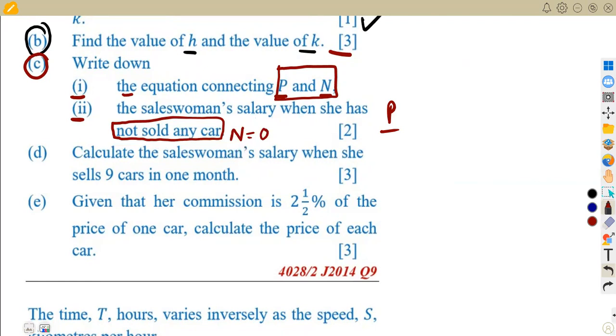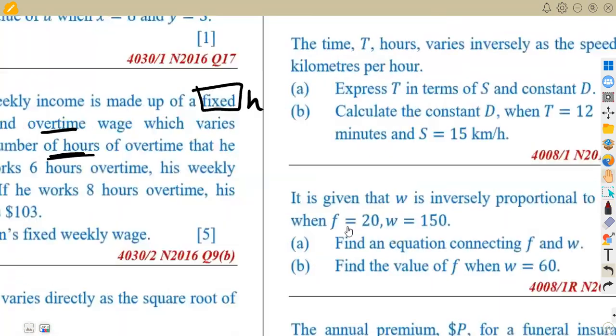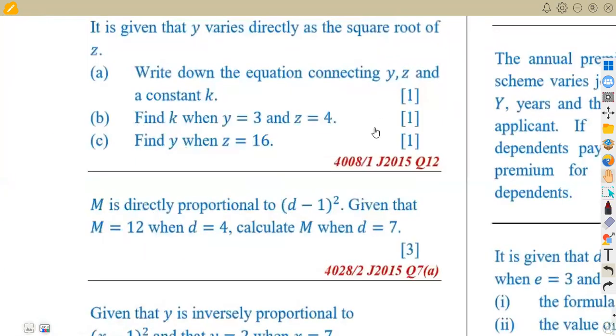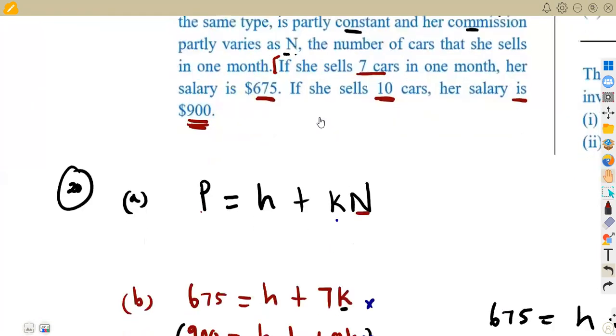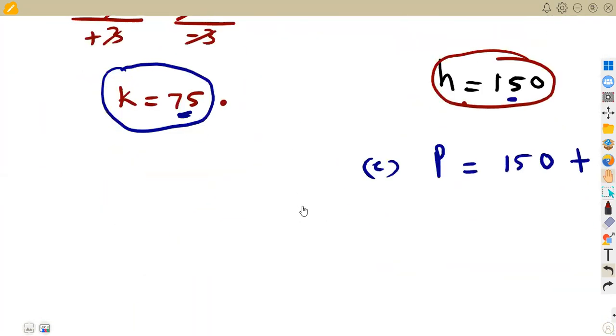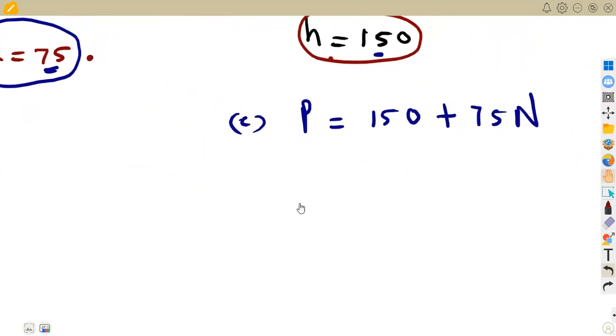She did not sell anything, so N at that moment must be equal to 0.